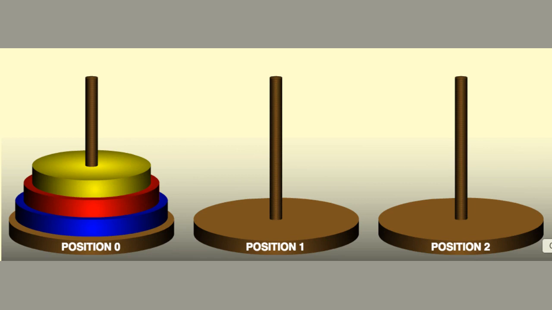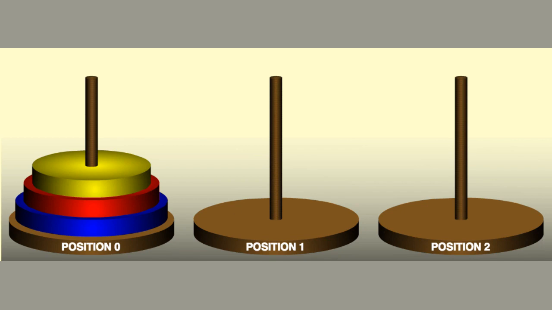But if the number of disks is higher, say n equals 15 or 10 or 12 or even more, then it's really tough to guess where the first disk is going to be placed in the first move and where the second one is going to be in the second move. So in such a situation, what we do, we go in the reverse order. We think in a structured way, and the solution could be achieved by thinking in the reverse order.